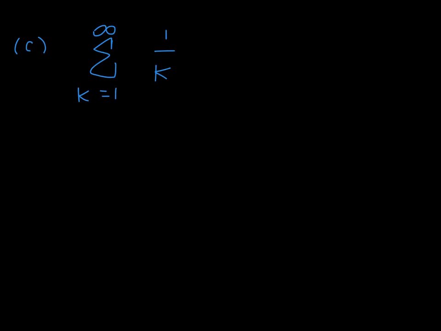The first statement of the divergence test says if the series converges, then the limit is equal to 0. What it does not say is that if the limit is 0, then it converges. That's not what it says. It says that if it converges, then the limit is 0.